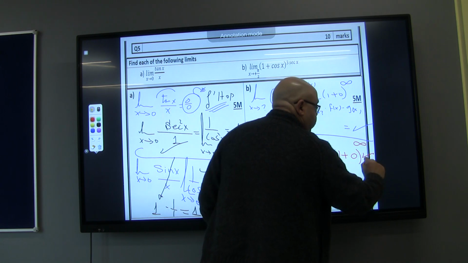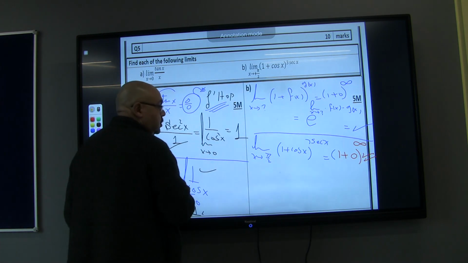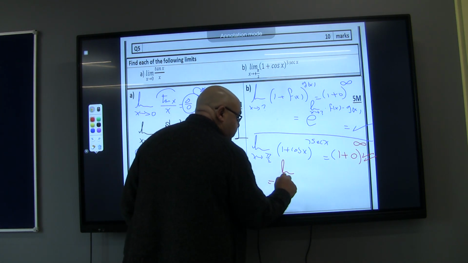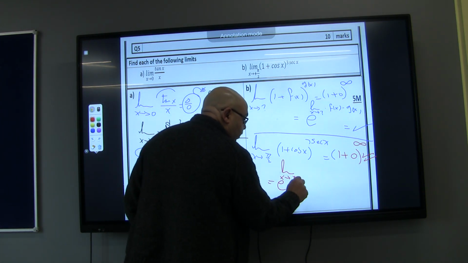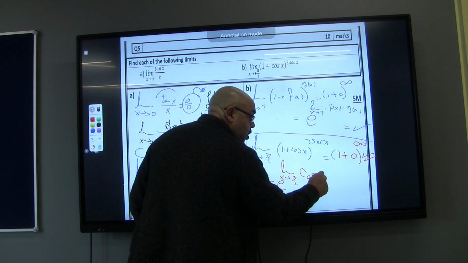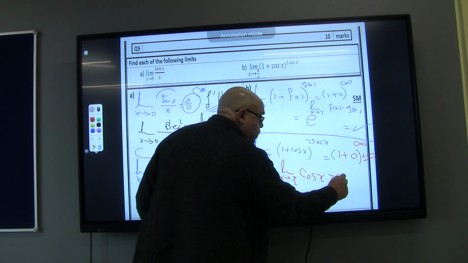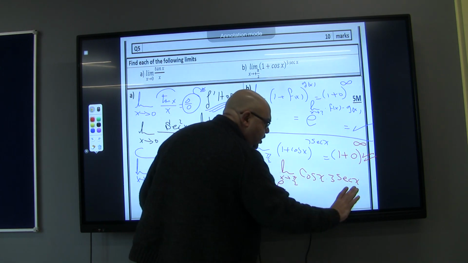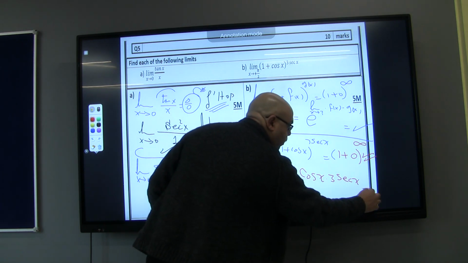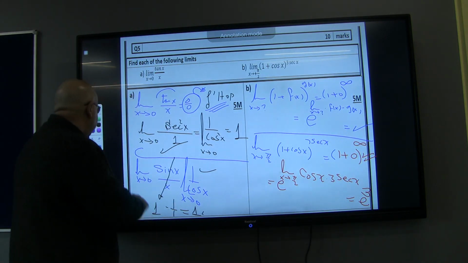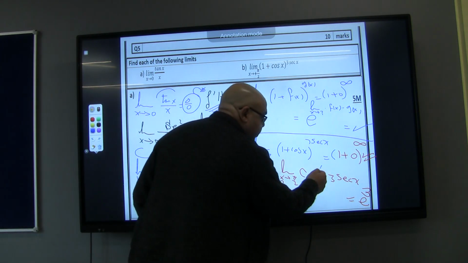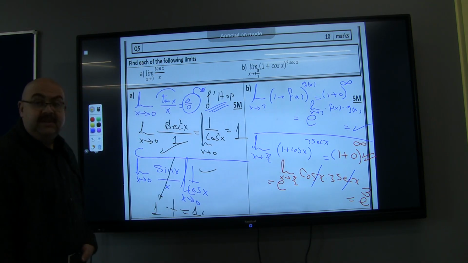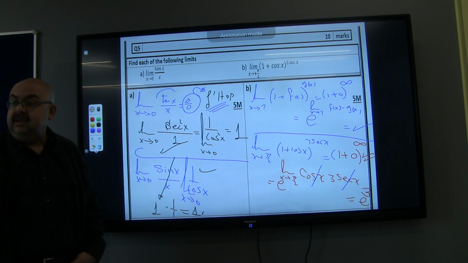The condition is satisfied, so simply it's going to be e to the power of the limit as x tends to pi over 2 of cosine x times 3 sec x, which, without doing anything, is going to be e to the power of 3. Simply, cosine x will vanish with sec x. They will cancel each other.